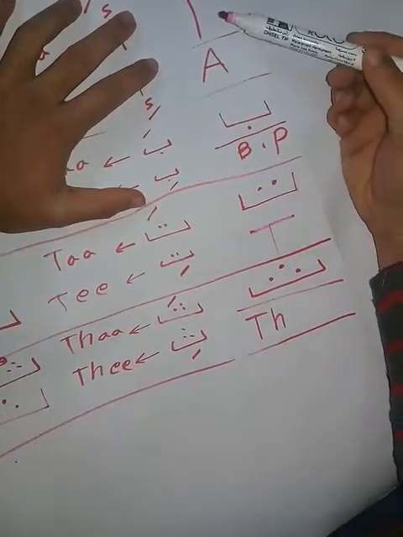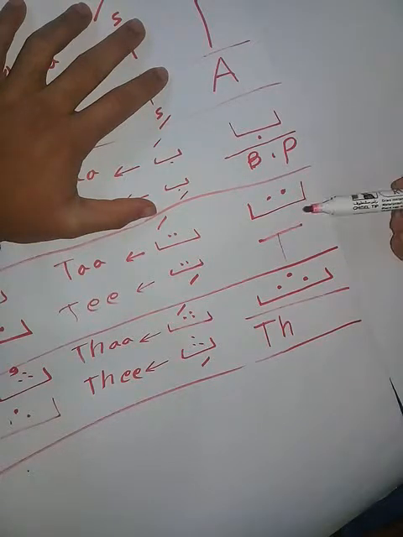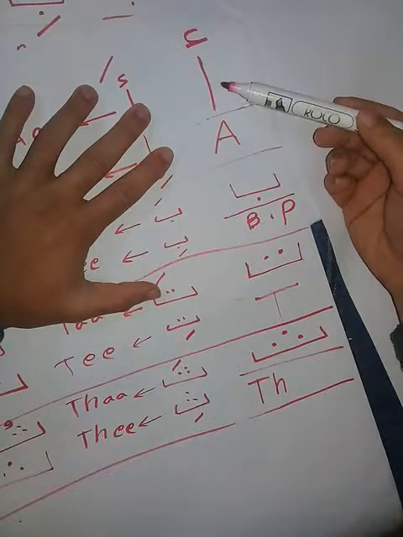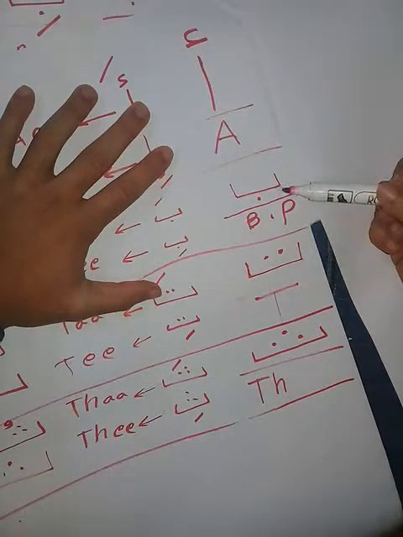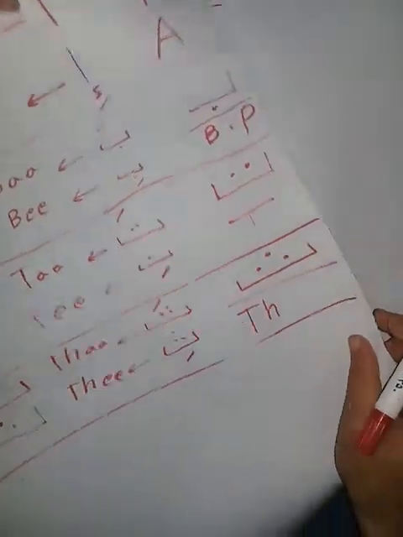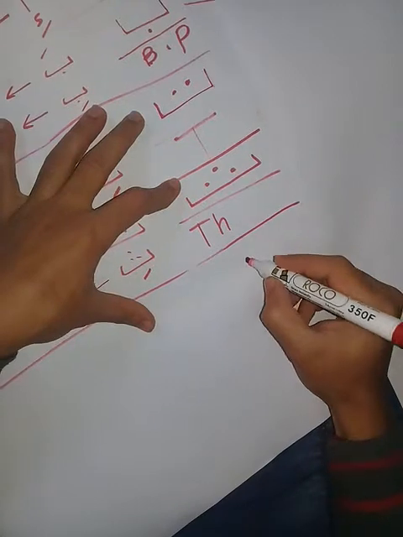A fast review, a quick review. ألف باء تاء ثاء. ألف باء تاء ثاء. جيم.